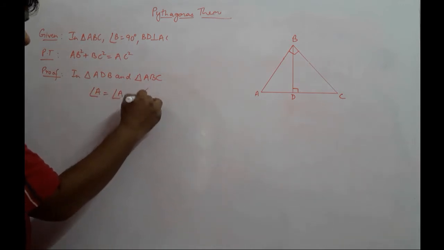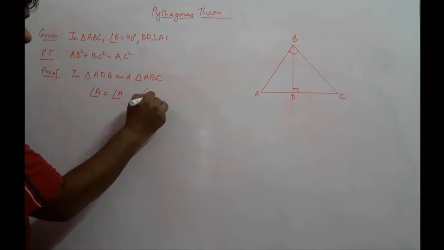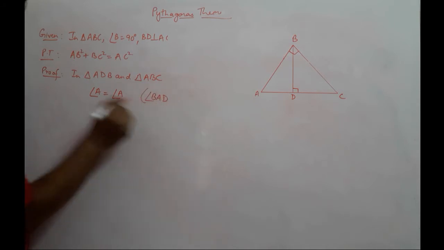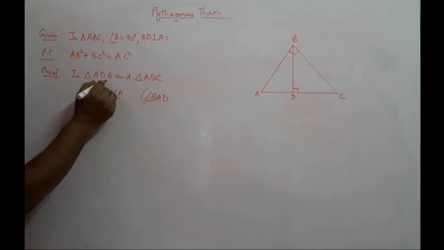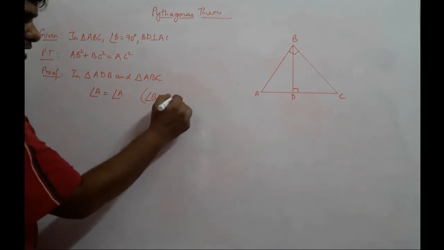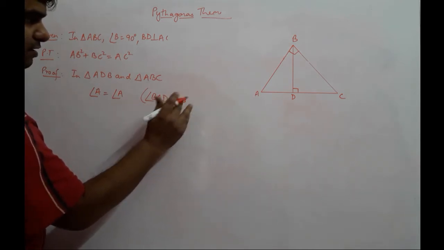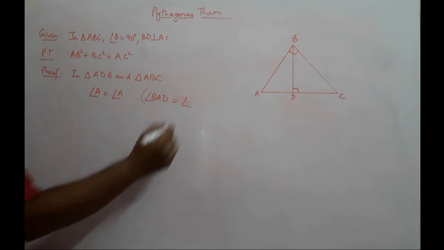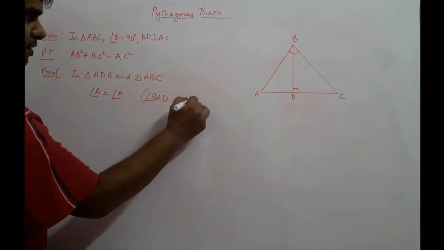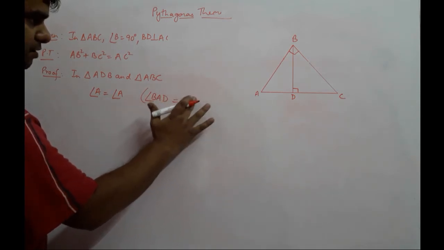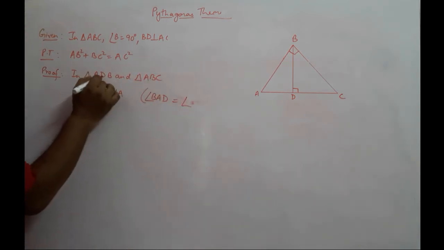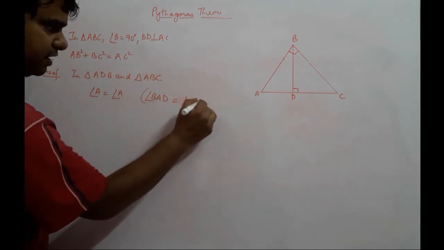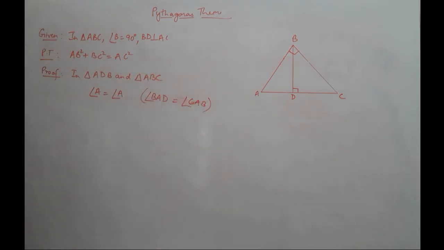You can write it as angle BAD, that is for this particular triangle, equal to angle CAB. So if you say BAD, then you'll have to take it as CAB.